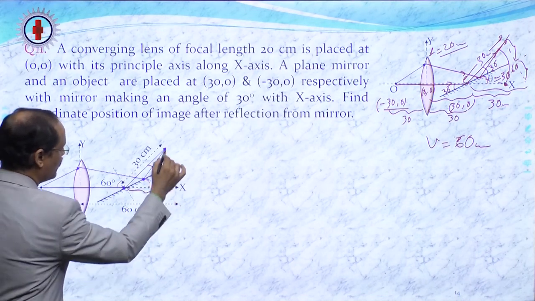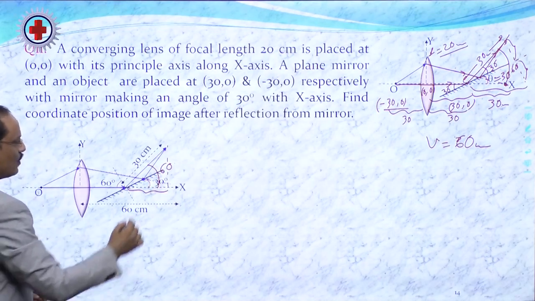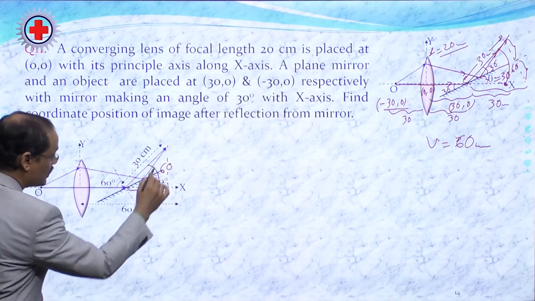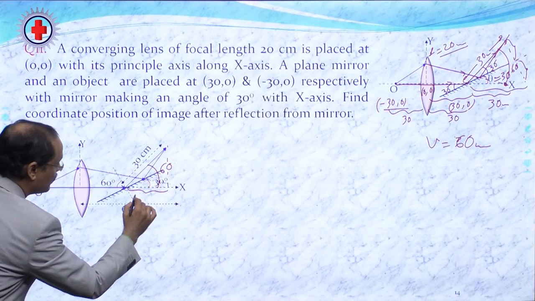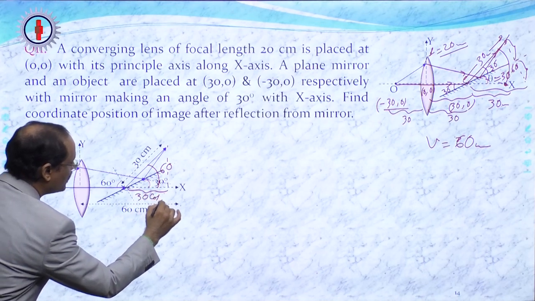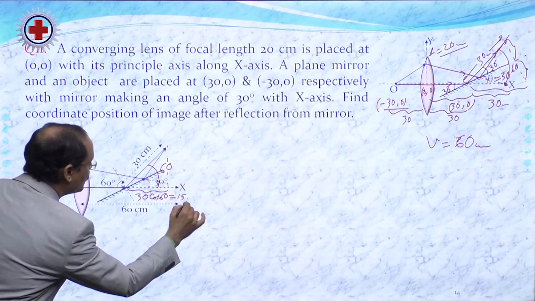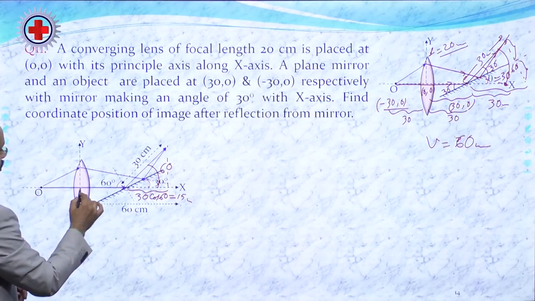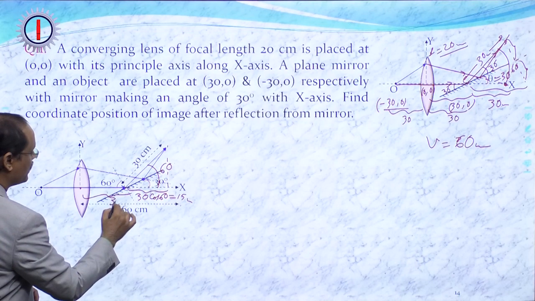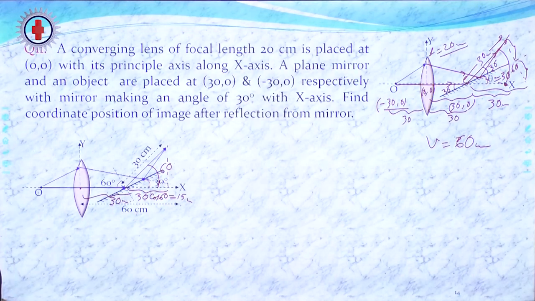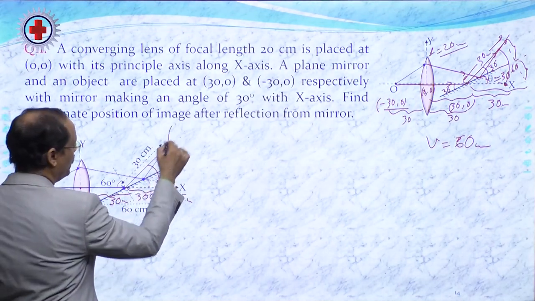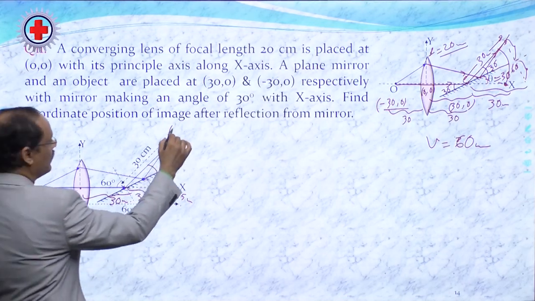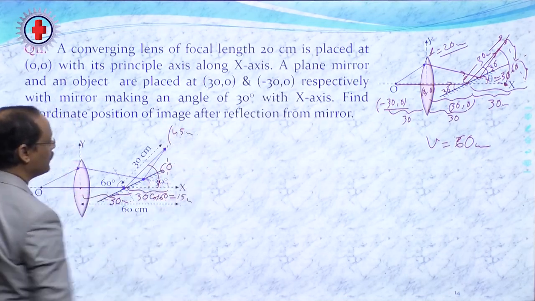So, the x coordinate, this particular distance, will be how much? 30 cos 60, that is 15 centimeter, and the point of intersection with the x axis is already at a distance of 30 centimeter from the origin. So, the x coordinate will be 30 plus 15, that is 45 centimeter.